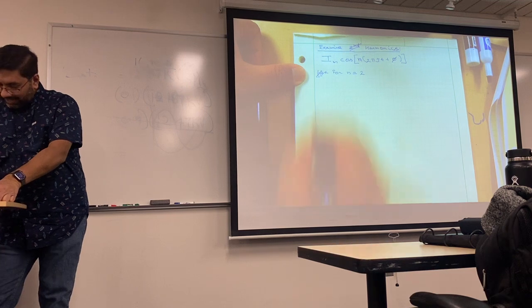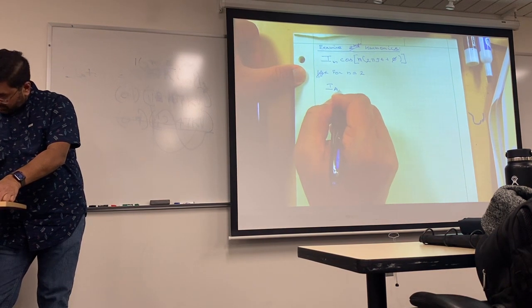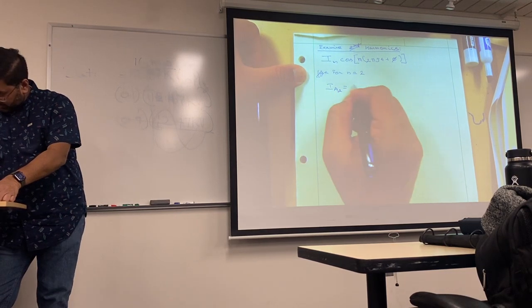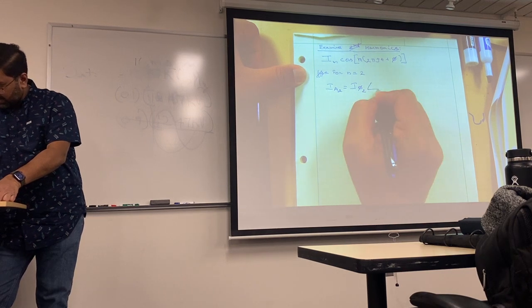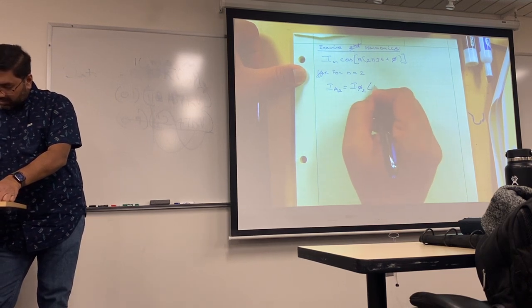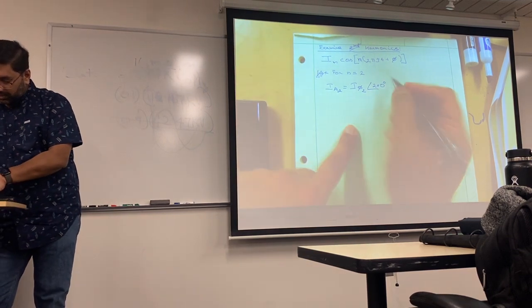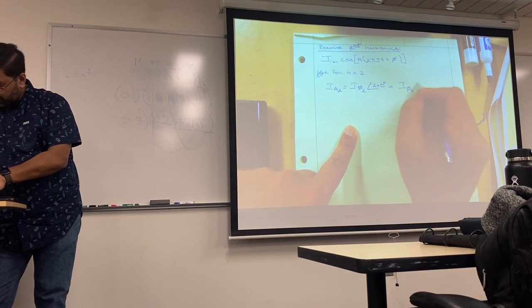In which case I have three phases. So my IA2, just to go with n equals 2, would be some sort of a phase current in RMS, angle 2 times 0 degrees, which is essentially some sort of a phase 0 degrees.